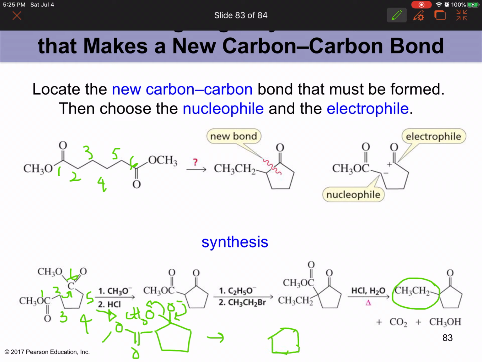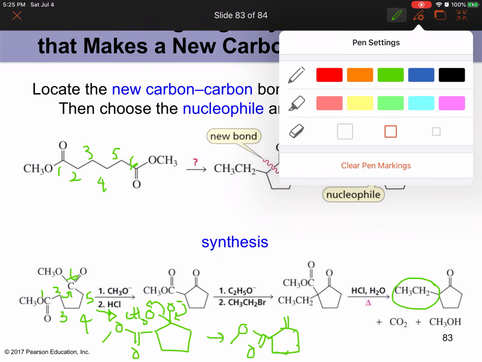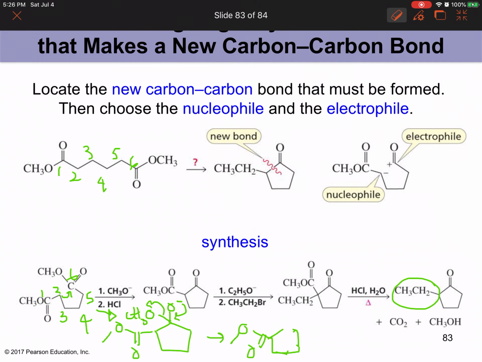That's how you get that part. Okay, so first you do the connection and then reform the carbonyl group, and then you lose a methoxy group, so you get this structure, which is this one.